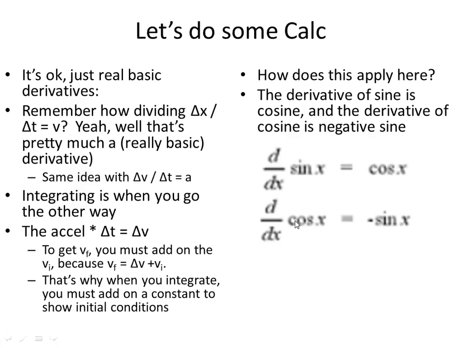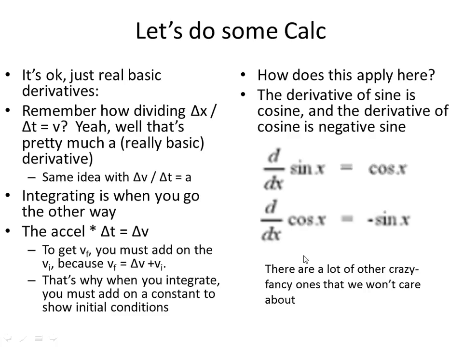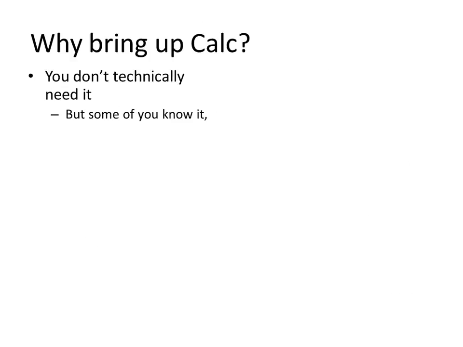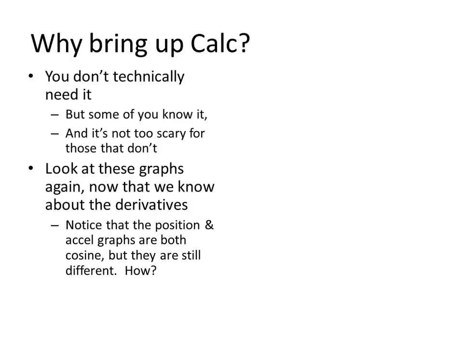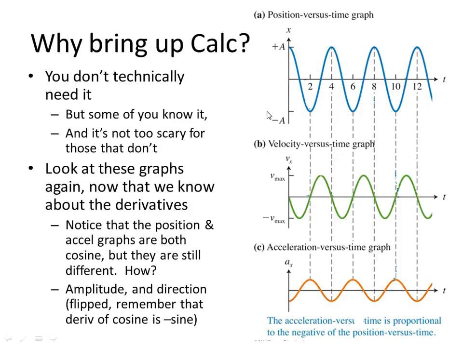Just accept that for a moment, because now we're going to move back to those graphs. What type of graph is this again? It's a cosine graph. How do you go from a position time graph to a velocity time graph?